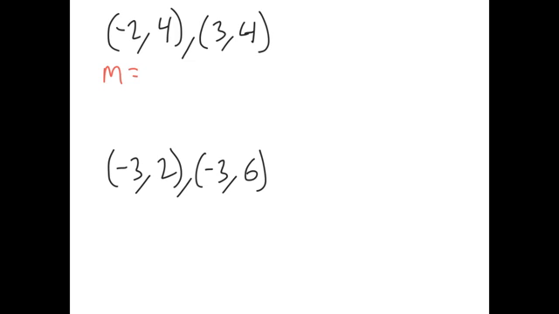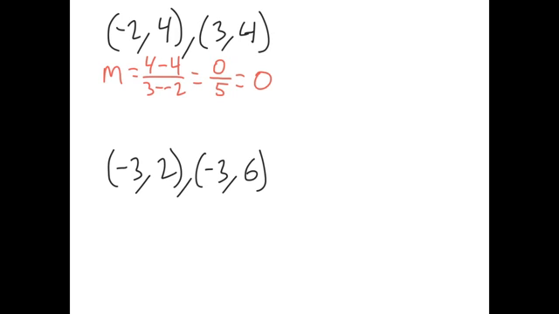M equals, y2 is 4, y1 is 4, x2 is 3, x1 is negative 2, 4 minus 4 is 0, 3 minus negative 2, you add those, so that gives you 5. And 0 divided by anything is 0. So our slope is 0.